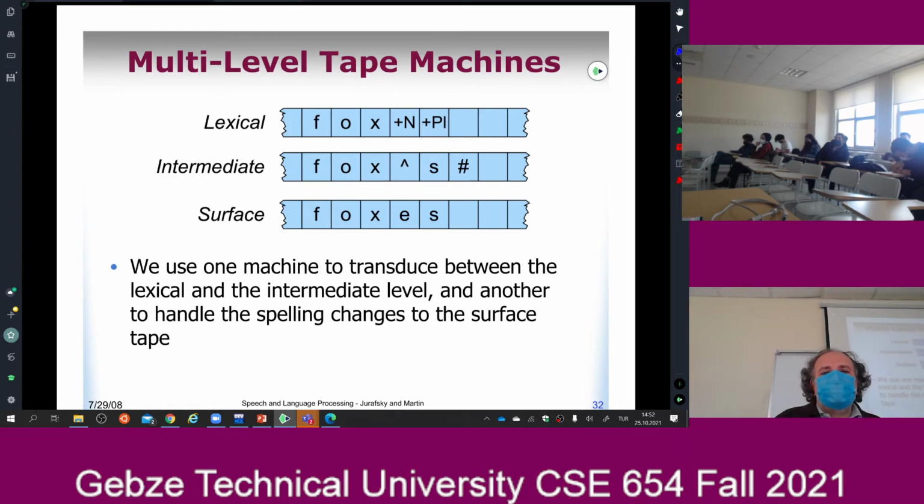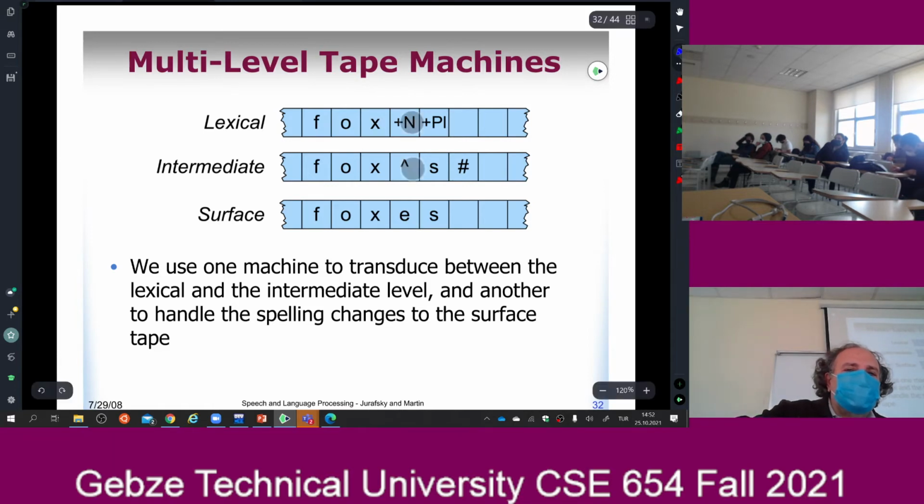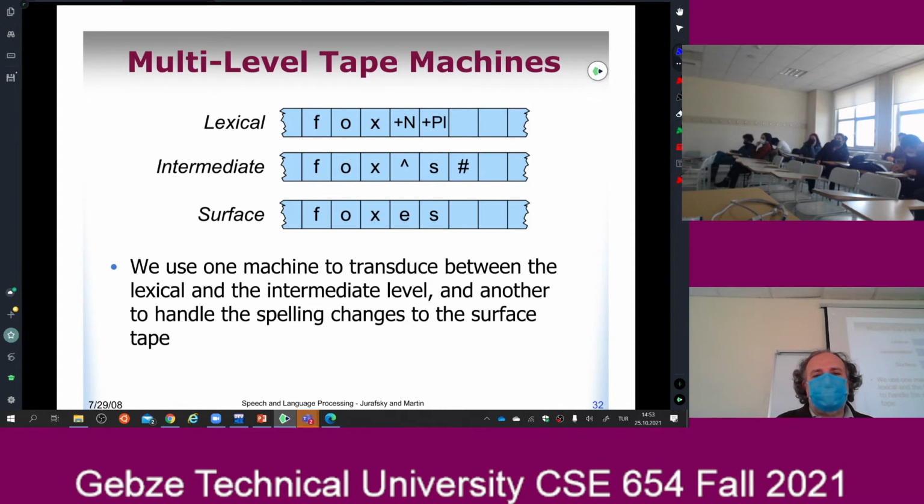By doing this, going from foxes to fox and s at the end of the word, we kind of deal with this. These are called rules of the language. We get rid of this problem. The finite state transducer between these two tapes won't bother about these kinds of rules.